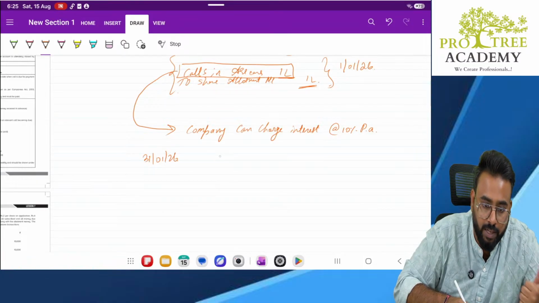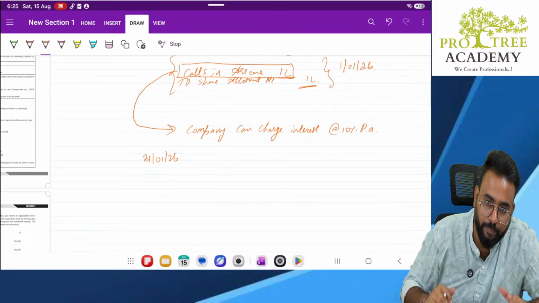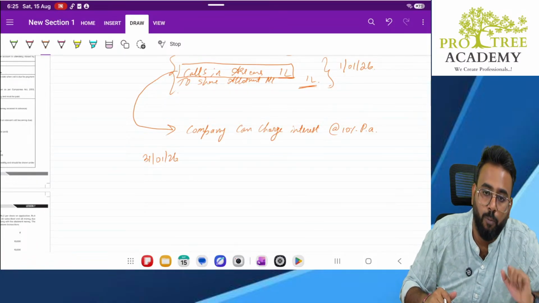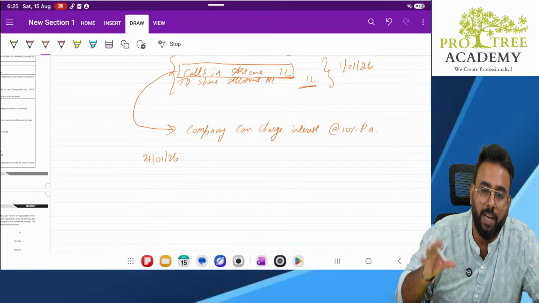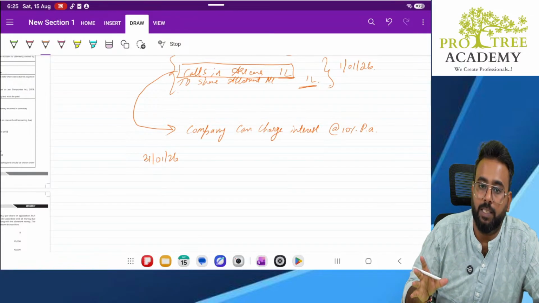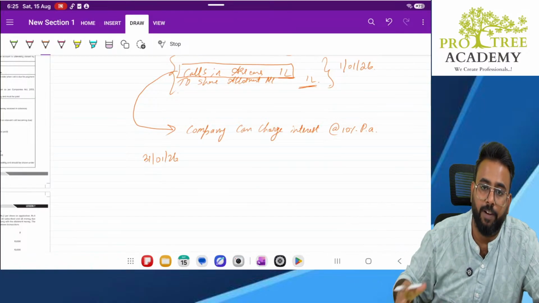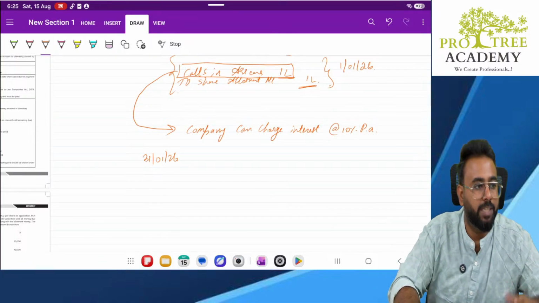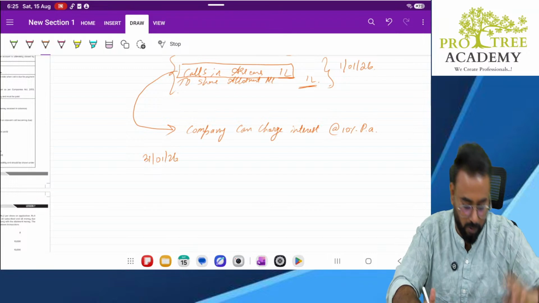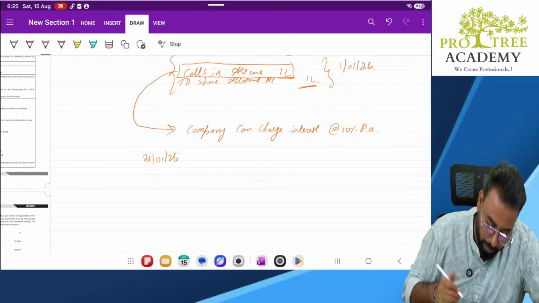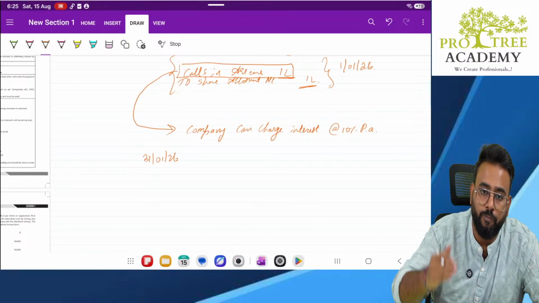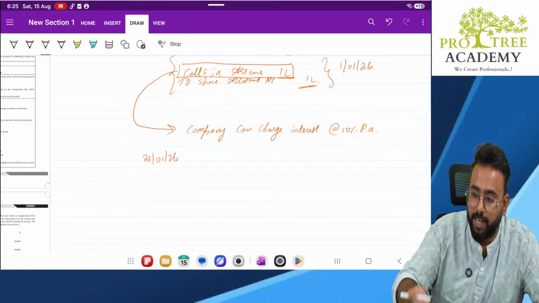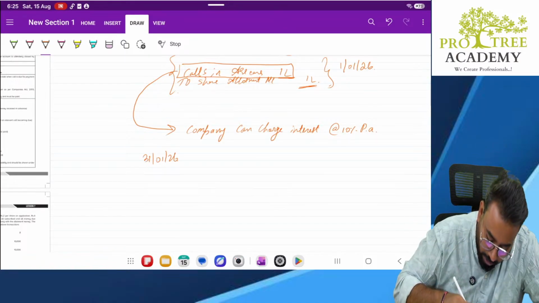I am collecting from sundry members, because members include a lot of unidentified people, so I use the word sundry. Sundry means different members. So what is the journal entry? You have a receivable from members. When there is a receivable, that account should go up, so it will be debit.